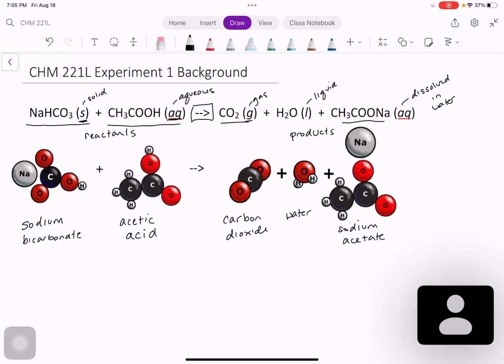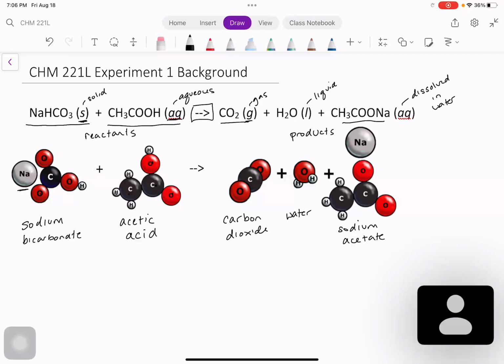So this is our chemical reaction. We're taking this sodium bicarbonate molecule, and you can see that there's a sodium, a carbon atom, 3 oxygen atoms, and a hydrogen. We're reacting that with something that has these 4 hydrogens, 2 carbons, and 2 oxygens. And then we're forming, you'll notice the atoms in the product are the same atoms that were in the reactants, but now they're rearranged.